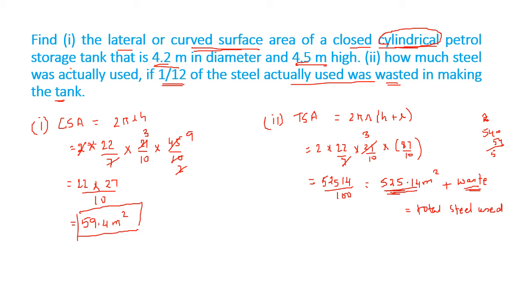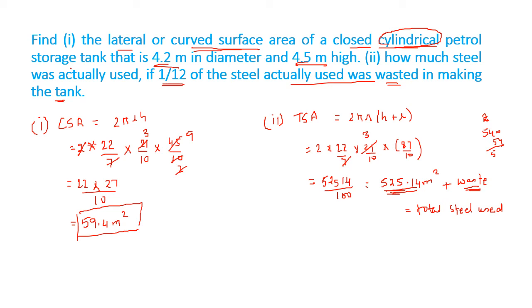Now we don't know the waste, so let the waste be x. Now how much is the waste? 1/12 is the waste. So not the waste, let the total steel we are using be x.